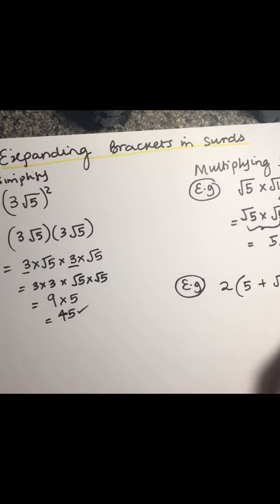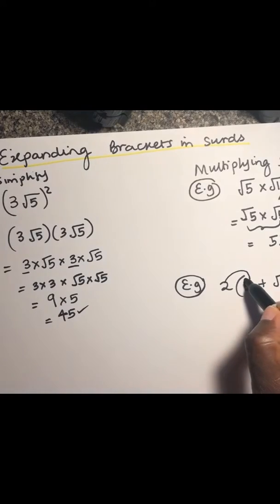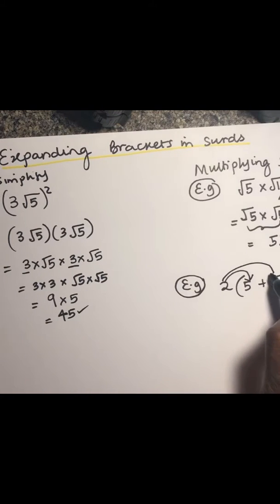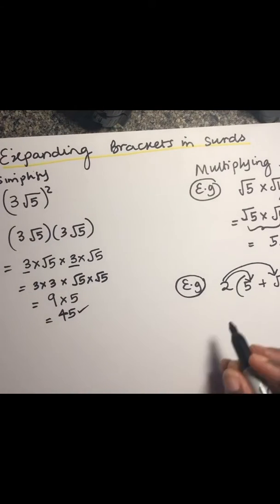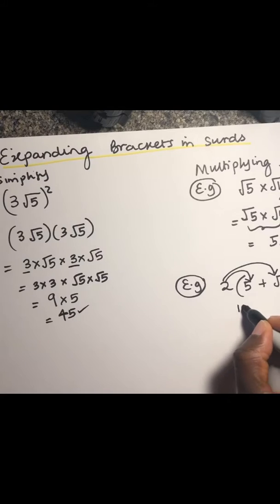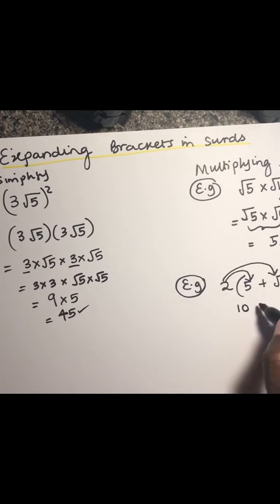But this time we've only got one bracket, so we're just going to do the first and the outer. 2 times 5 is 10. 2 times root 3 is 2 root 3. And that would be the answer for that one. Don't forget to take along with you the sign. If this was a minus, then that would be minus 2 root 3. But it's a plus here, so that's all fine.